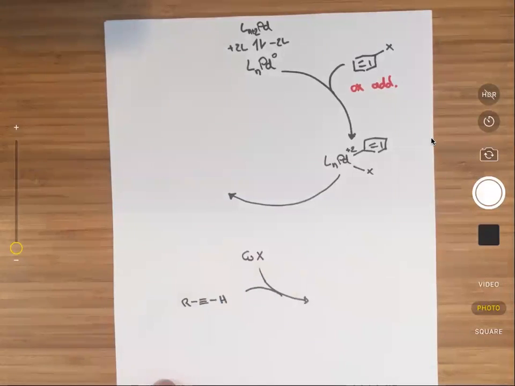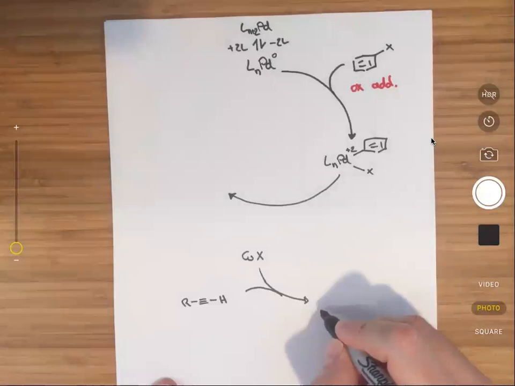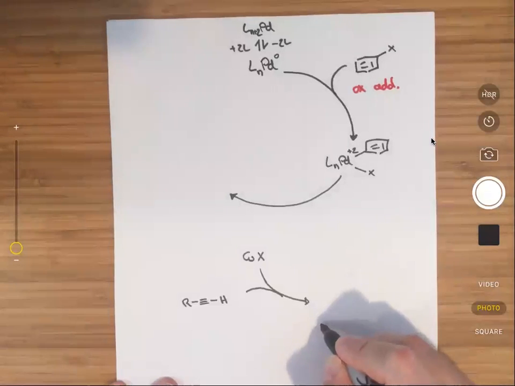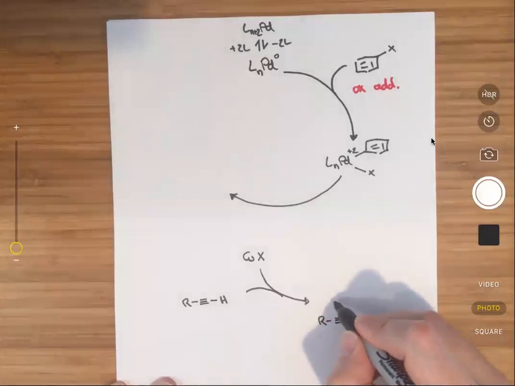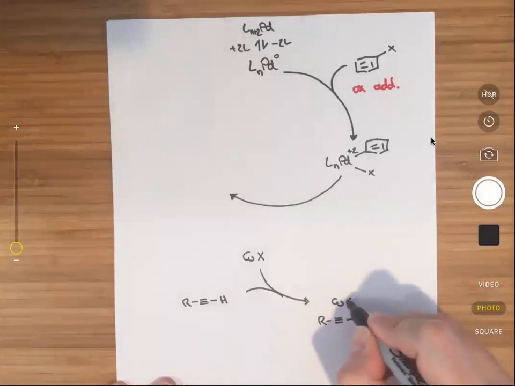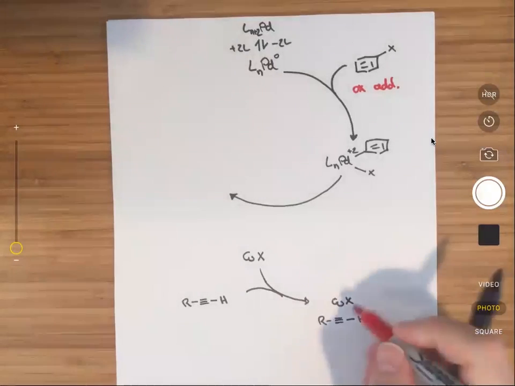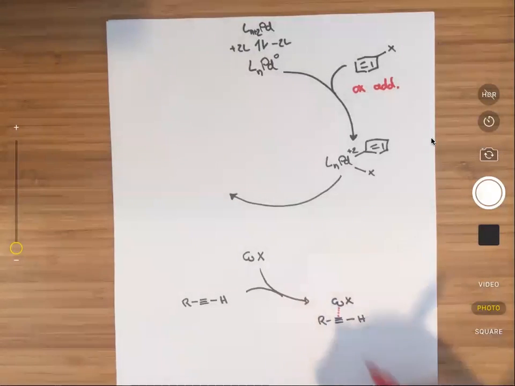And the first thing that this copper does is that it forms something that we call a pi complex with the triple bond. So you're going to have something that looks a little bit like R triple bond, and then H. And then you have the copper coordinated to this through the pi system. So you can draw this out as kind of like a bond like this.